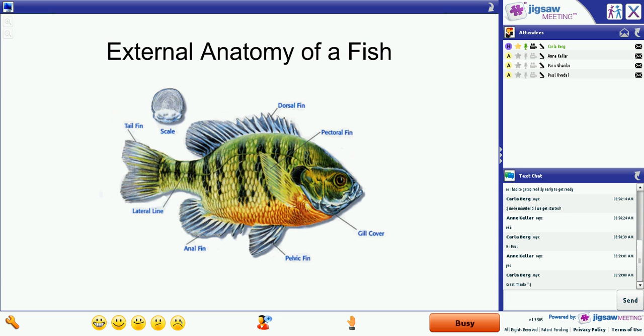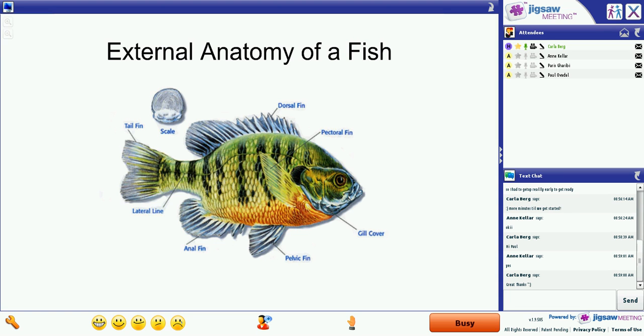So on here, the fins are again labeled, as well as something called a lateral line. Now the lateral line on a fish we are going to talk about in a minute, but it is there to help them sense vibrations in the water.